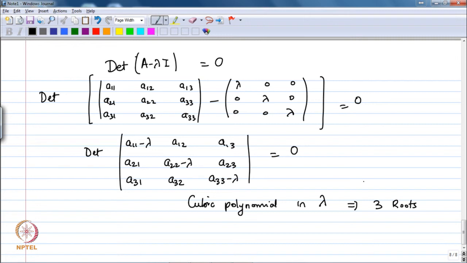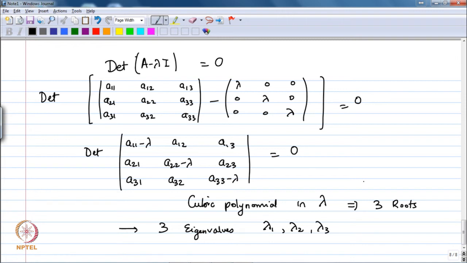So we have a cubic polynomial in lambda equal to 0, and you have 3 roots. Basically you can determine 3 eigenvalues, lambda 1, lambda 2, lambda 3.